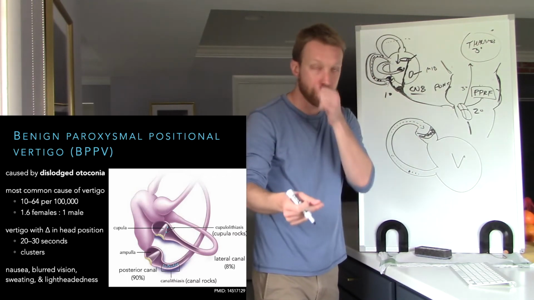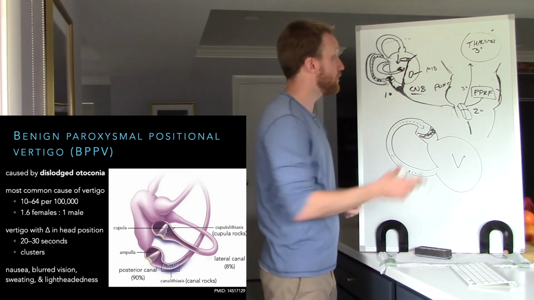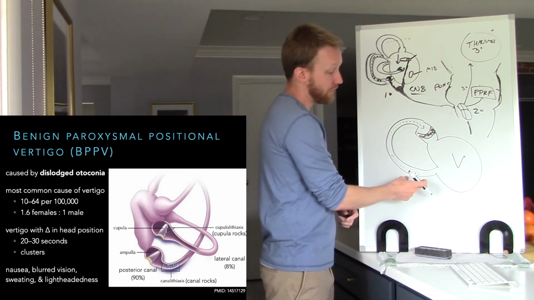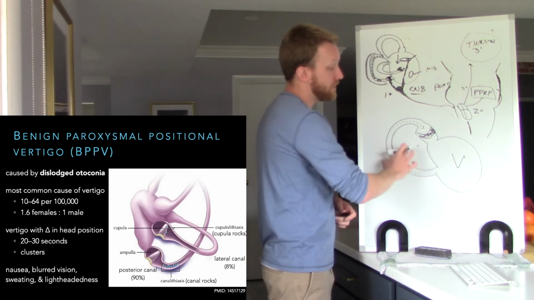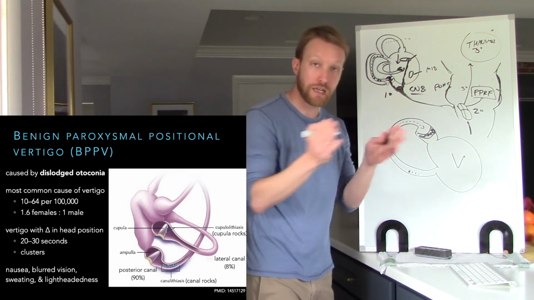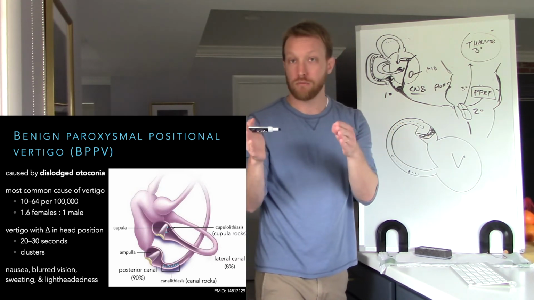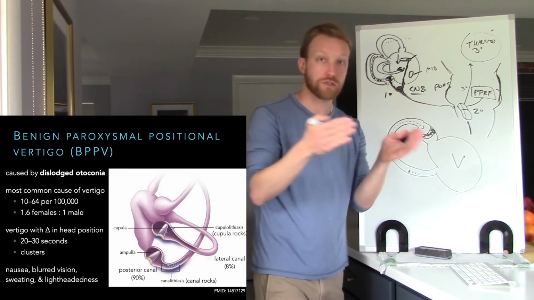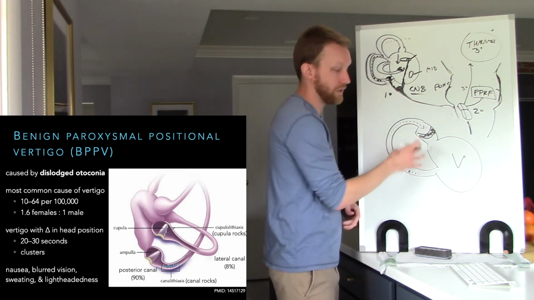That's what creates the vertigo there. We're also going to see nystagmus as a result. So in those lateral canals, if it's floating around down here in the lateral canal, it's going to continue giving the sense of left head turn. So we'll get a right VOR with a left corrective nystagmus toward that affected side.